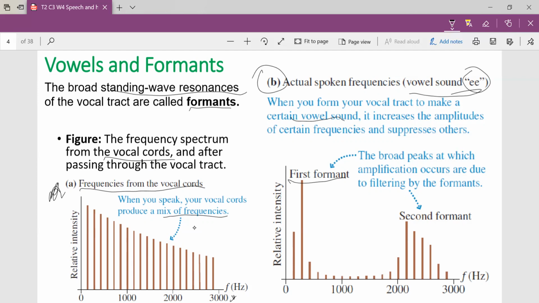Okay. And I've explained that formant is simply the broad standing wave resonance, that is the resonance vibration of the amplitude of the standing wave. So this is the first one, which is the broad peak at which the amplification occurs due to the filtering of the formant. So what happens is that when you make a sound, you talk, some frequencies are suppressed.